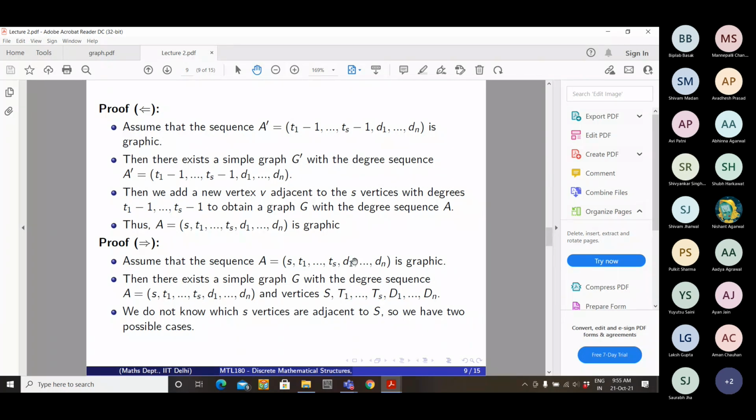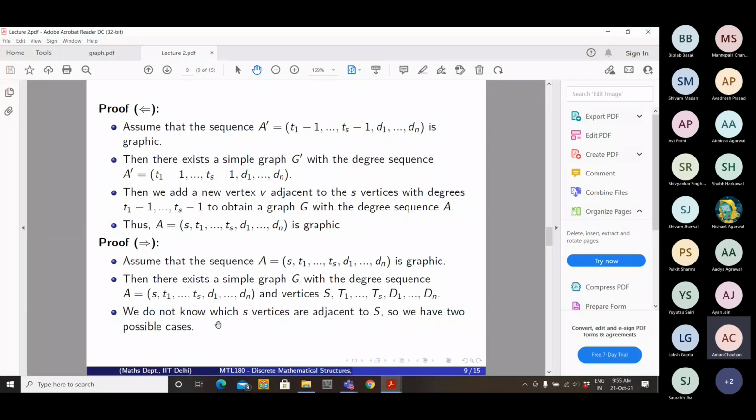Then by definition, there exists a simple graph G with the degree sequence A. Let us take the vertices of this graph G as S, T1, T2 up to Ts and D1, D2 up to Dn, where Ti means the vertex with degree ti, and Di means the vertex with degree di.